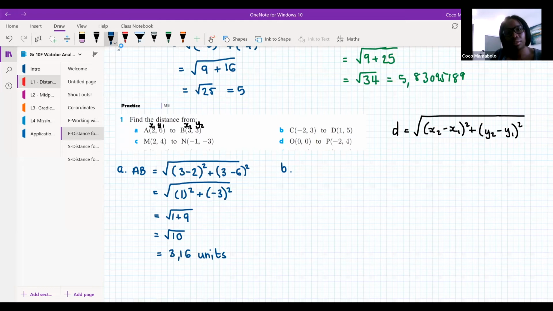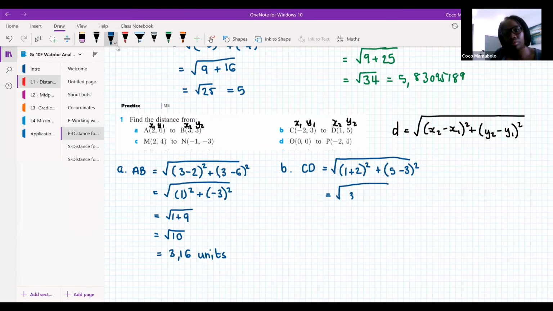Here's the answer for question B. CD is equal to, choose x1, y1, x2, y2. The square root of 13.